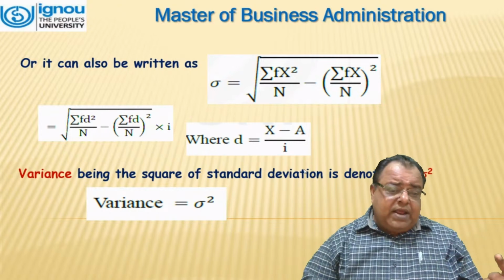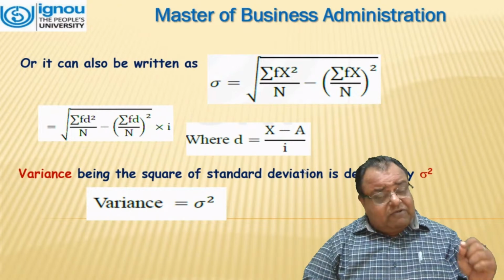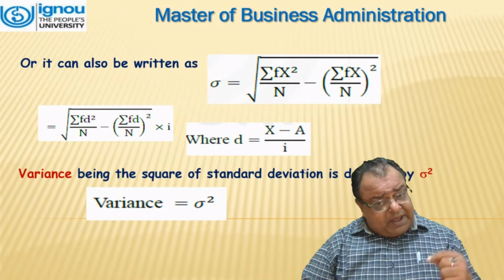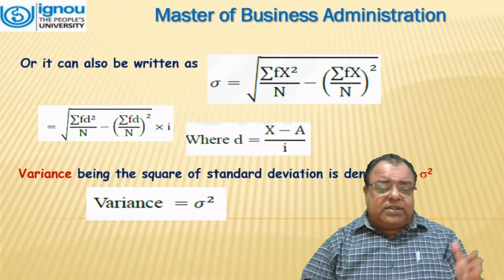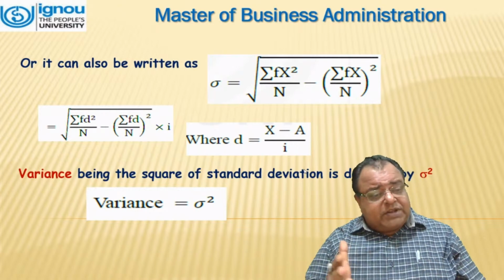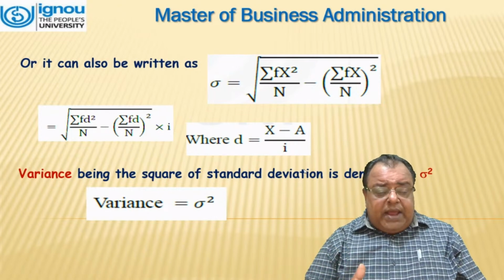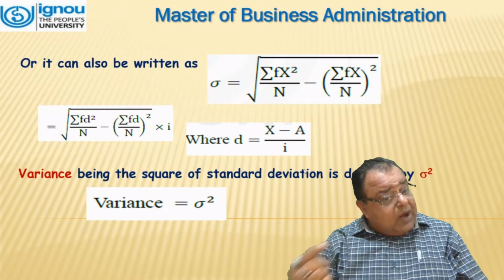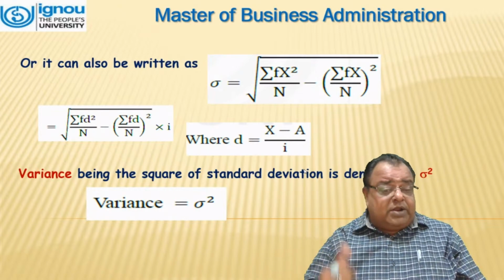And if we are taking deviations in our calculation of mean, that means if d is equal to (x minus a) by i, then x is replaced by d. In that case, the formula becomes the square root of summation fd square by n minus (summation fd by n) whole square, into i. Remember that this into i is outside the square root.